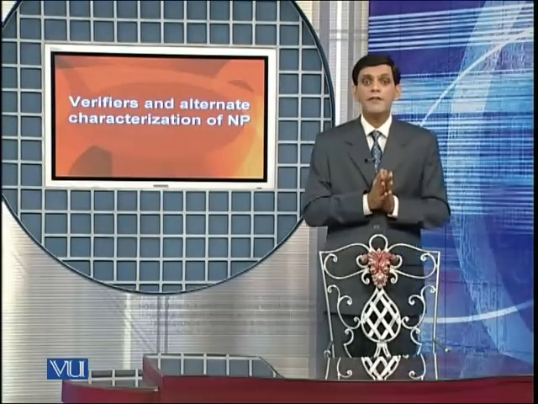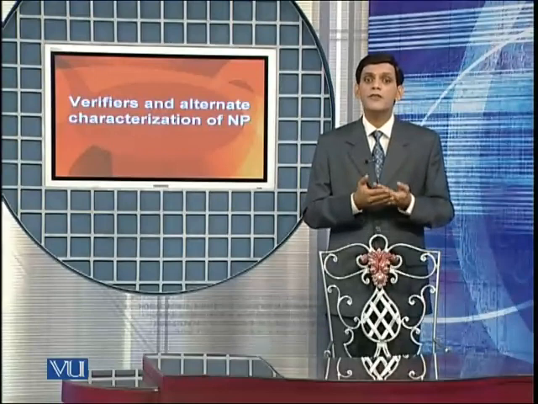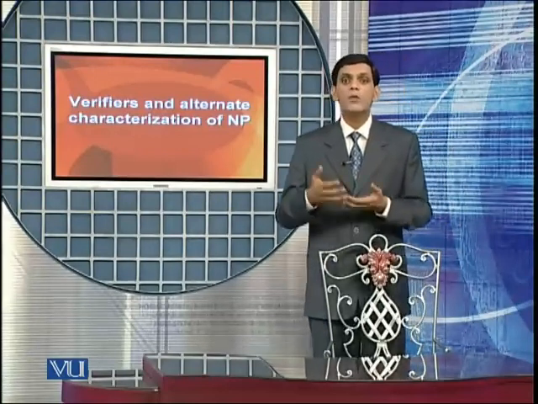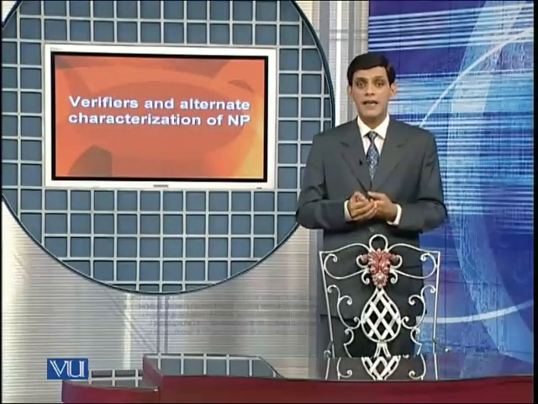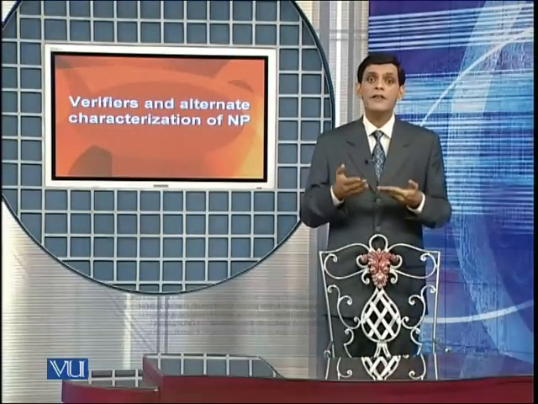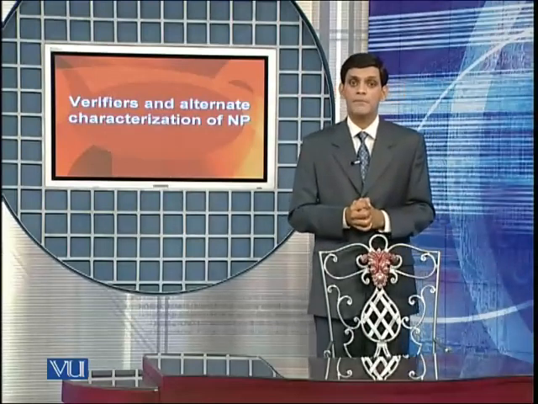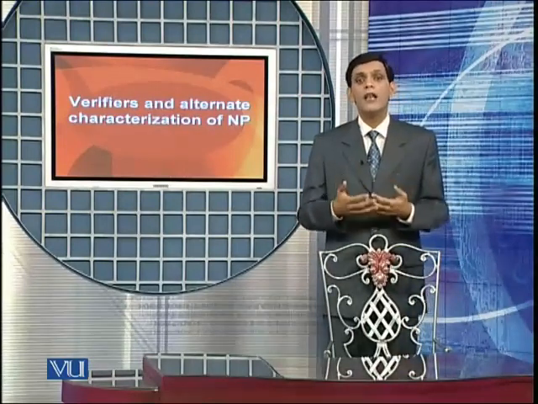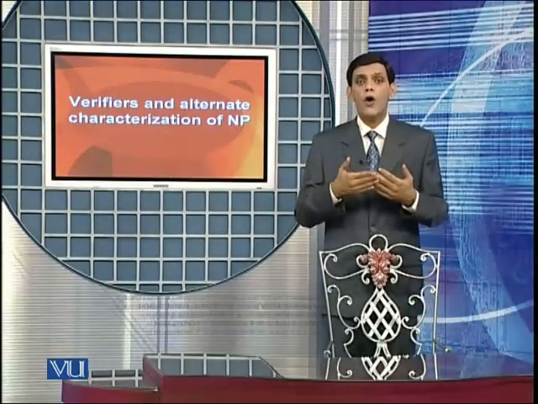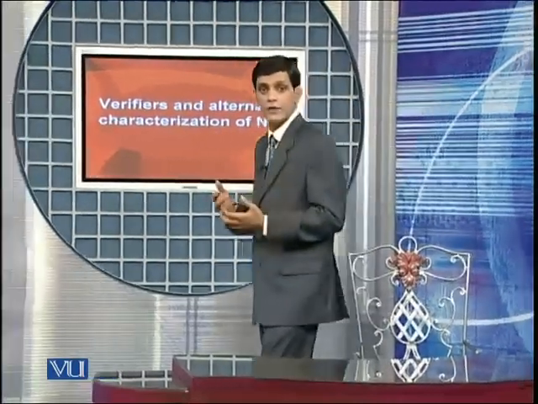Now, if the verification algorithm is a correct verification algorithm, for every string in the language, there is at least one certificate which will be verified by the verification algorithm. Thus, every string that is in the language will be accepted by the non-deterministic Turing machine. On the other hand, any string which is not in the language will not be accepted, since no certificate would be verified by the verification algorithm.